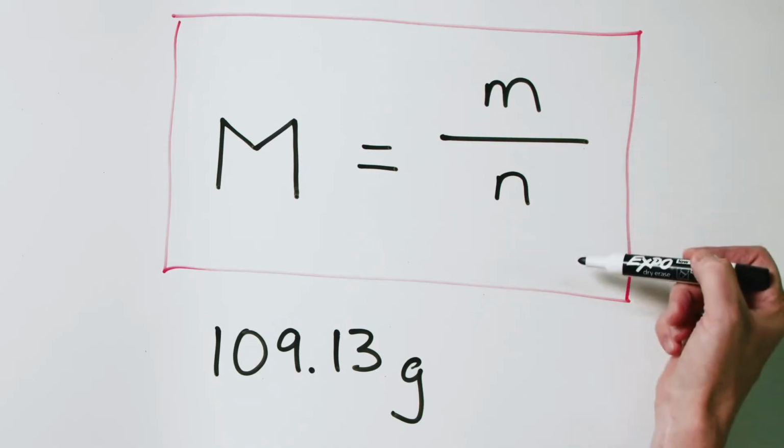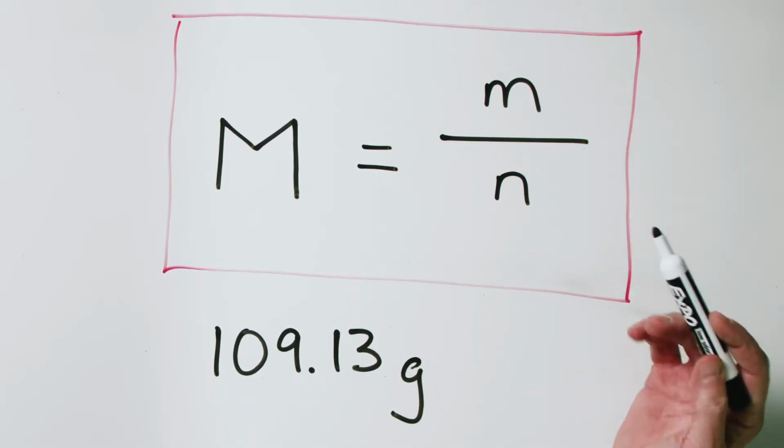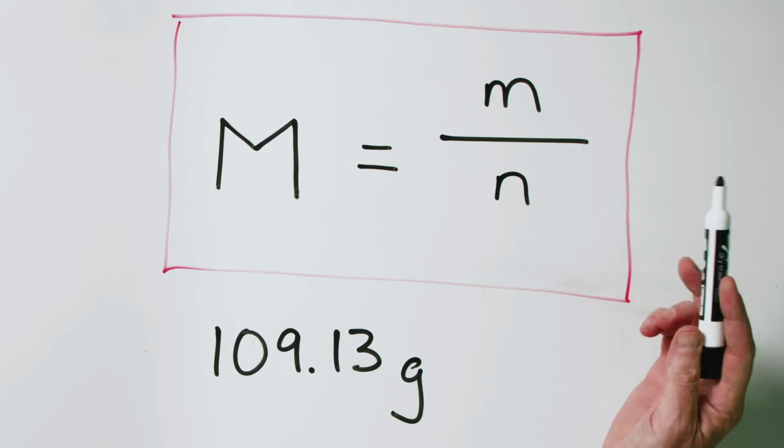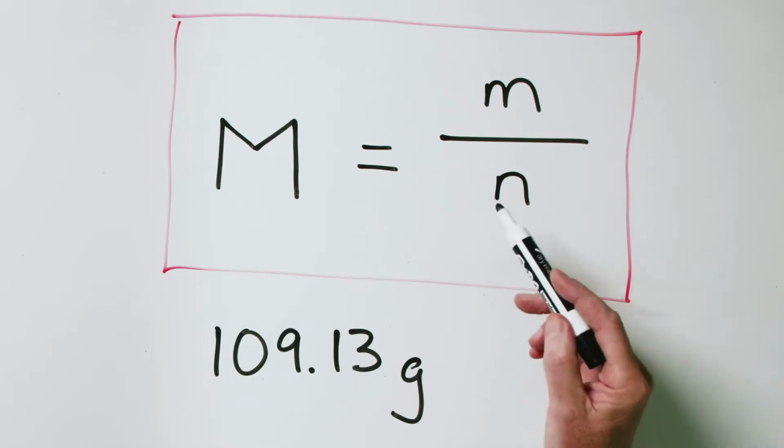Well, we're going to be using this equation here. So big M equals little m upon n. Now, what do we want? The question asks us for an amount, or to put it in other words, a number of moles. How are we going to do that? We need to rearrange our equation to make n the subject of that.